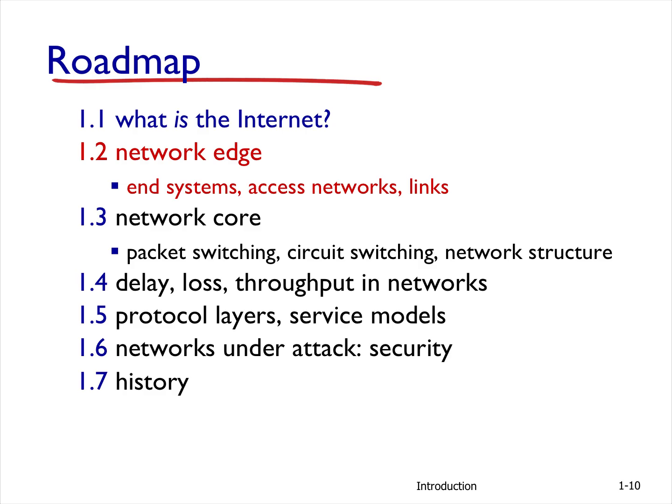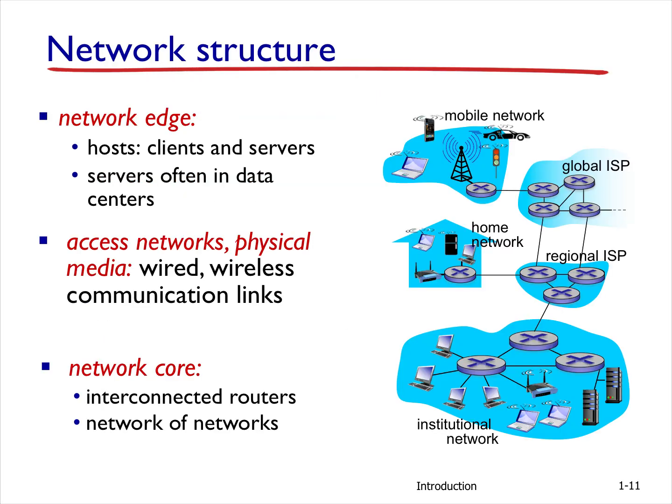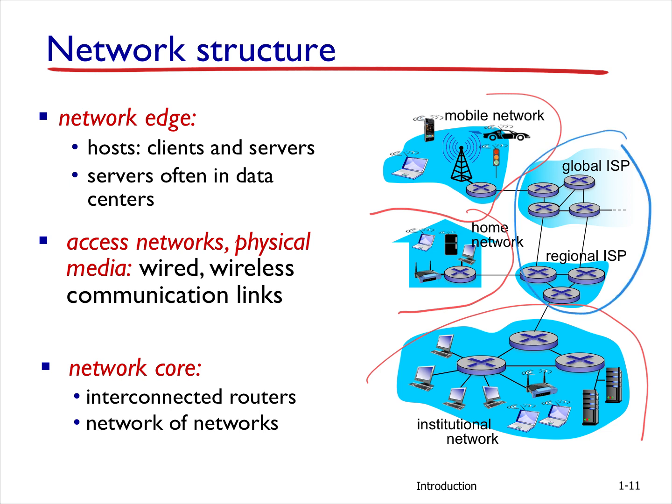Okay, I think the next slide also is something that I talked about a lot. It talks about the division of the network into edge, right? So we have those periphery networks, we call them the edge networks, right? This one. And we have the central ones, the internal ones, we call them the core network components, okay?